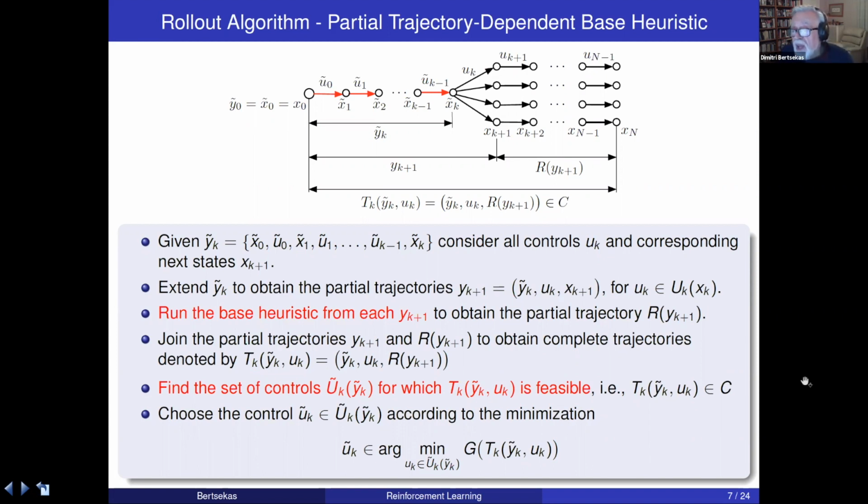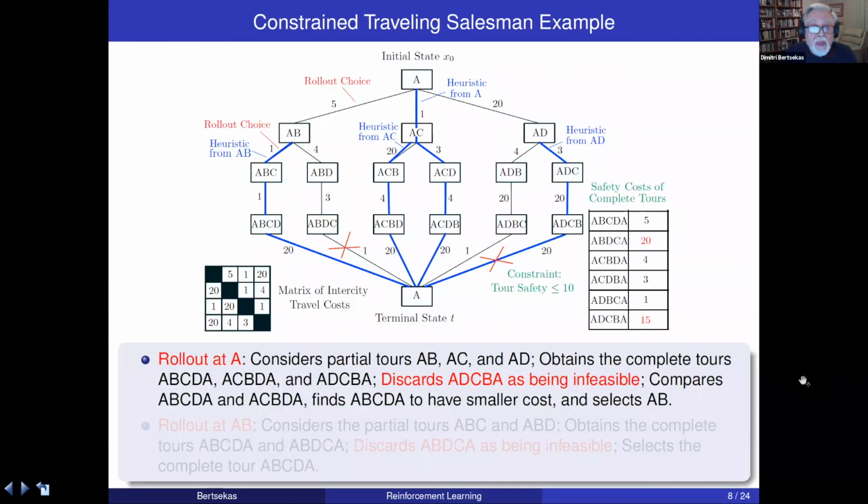Okay, so let me now demonstrate the algorithm using the traveling salesman example. This is the same one that we had on the first slide. We want to find the tour that minimizes the travel cost, given by this matrix, but also meets the safety constraint, and two of those tours do not meet it.